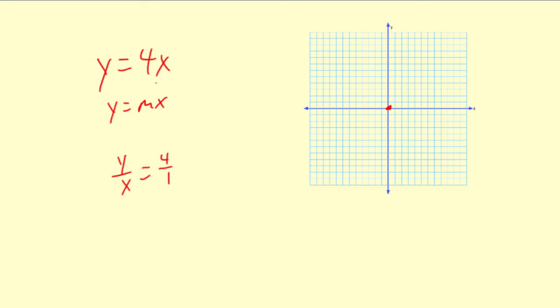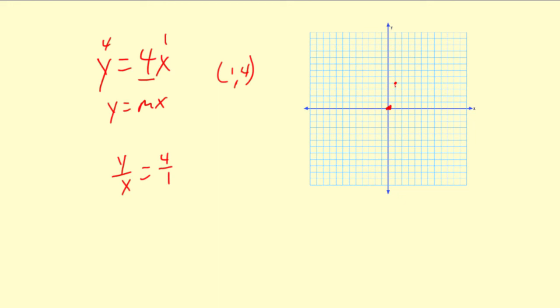Well, you can use the rate of change because you're multiplying by 4. So if you're going to have a 1 for x, 4 times 1 makes 4. There's another coordinate you can use: 1, 4. And that pattern actually continues. You're going to go up 4 and right 1 each time.